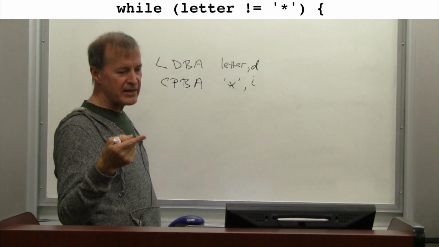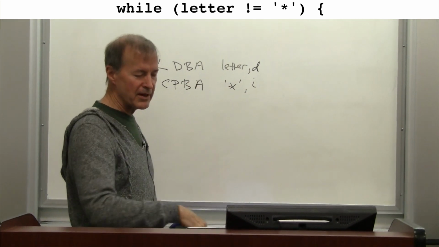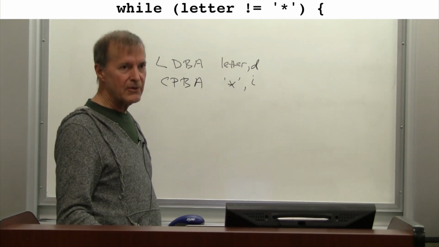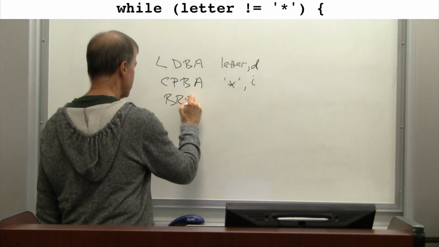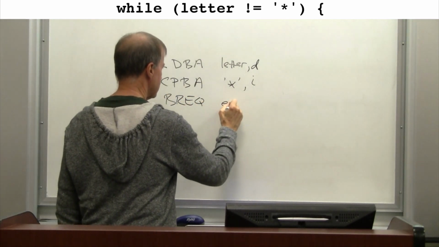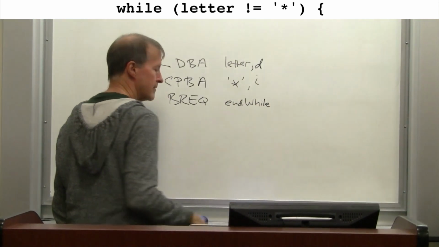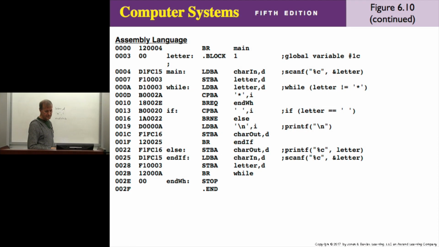When do we want to branch around to the bottom? When it's equal. So this would be BREQ to endwhile. Load byte accumulator letter direct, compare byte accumulator asterisk immediate, and branch if equal to endwhile.